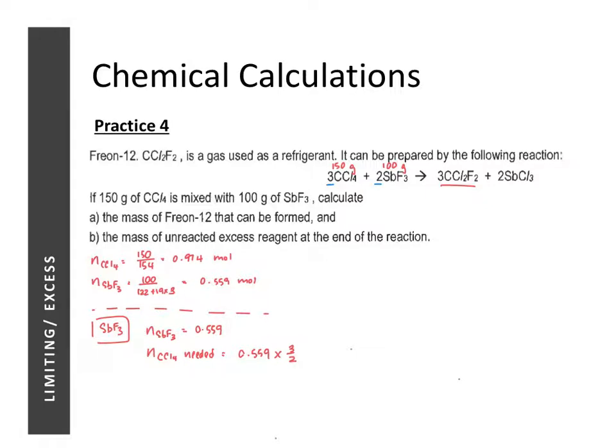If the fraction is not obvious to you, let me teach you a way. In order to get the correct fraction, the number of moles of one reactant over the number of moles of the other reactant is equal to the ratio of the numbers in front of them. So the number in front of CCl4 is 3, the number in front of SbF3 is 2.